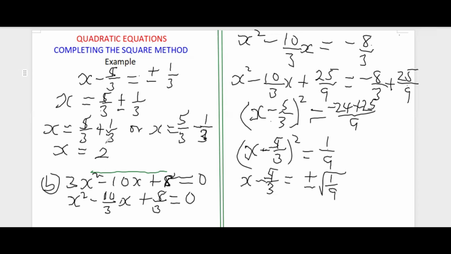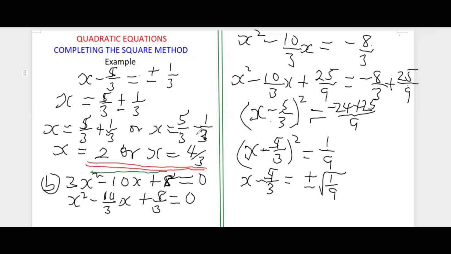Just normal simplification of fractions. Or this one, 5 minus 1 is 4, divided by 3, so x equals 4 over 3. So these are the two results that we obtain.